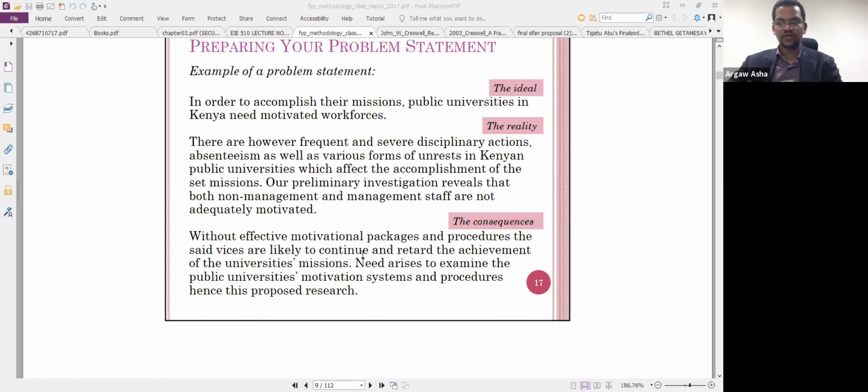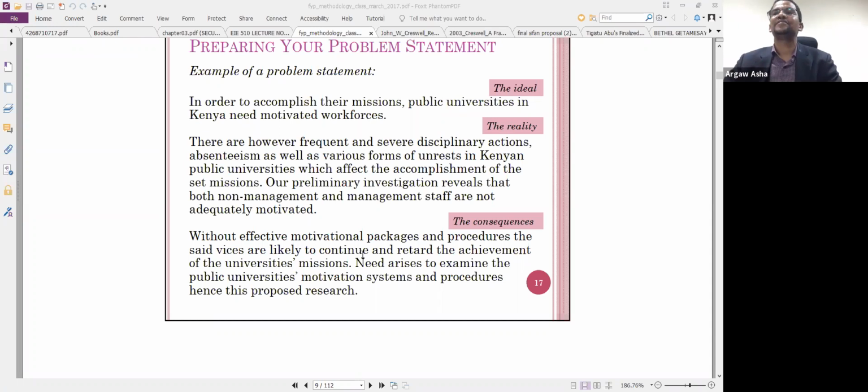The public universities in Kenya or Ethiopia need a motivated workforce. Then what is the reality? These are the ideals. The ideal situation is just what you can think of in ideal terms.